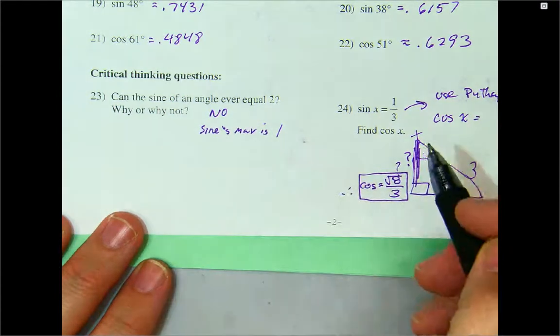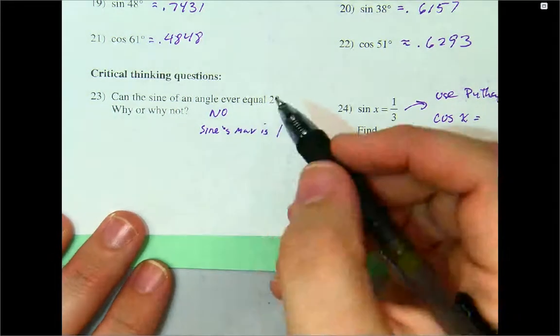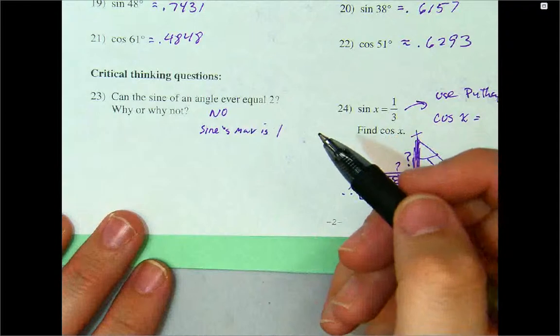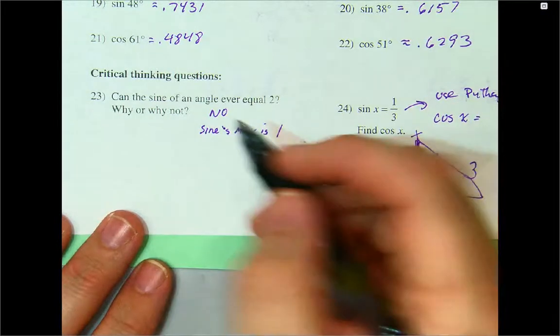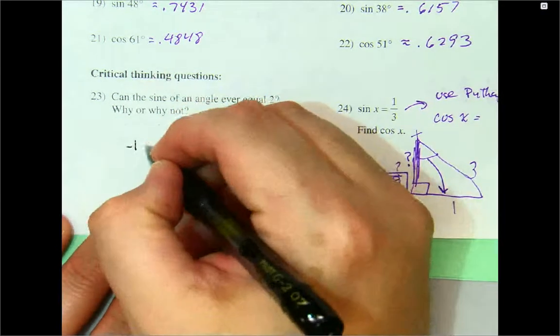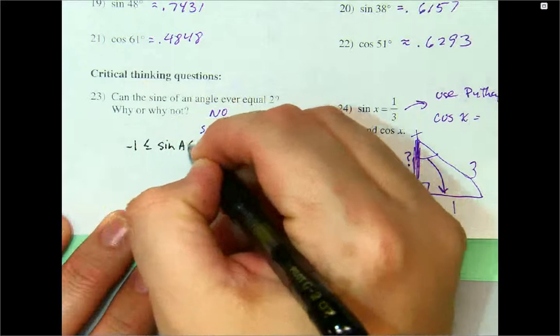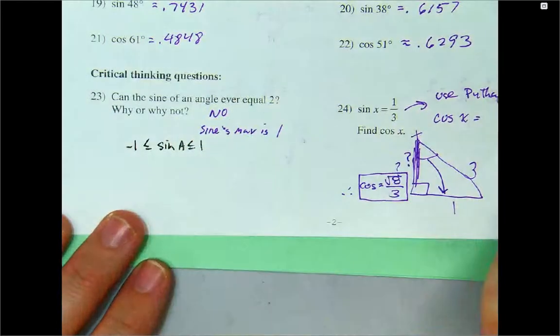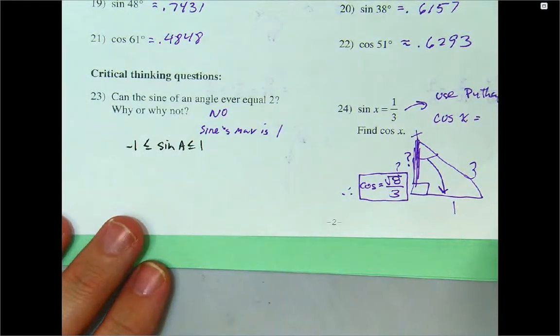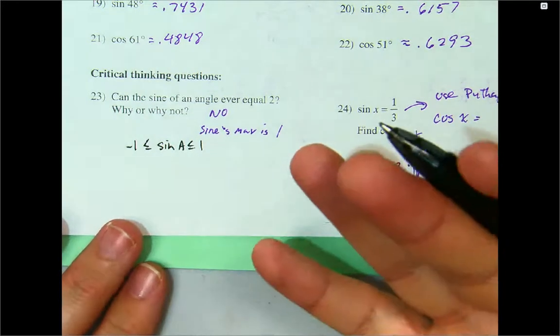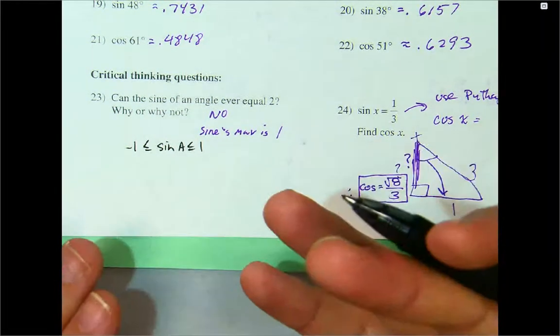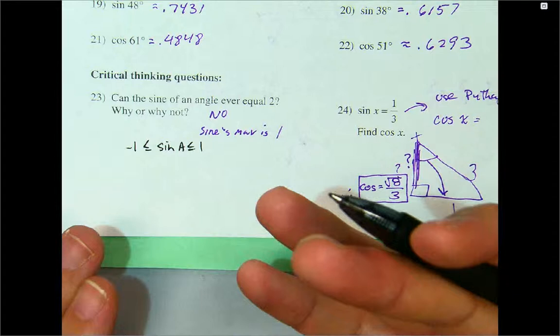No. The sine only goes from -1 to +1. So it can never equal 2. That's one of those ideas that I didn't tell you about, but I wanted to see if you guys could figure it out. And if you didn't, it's okay.